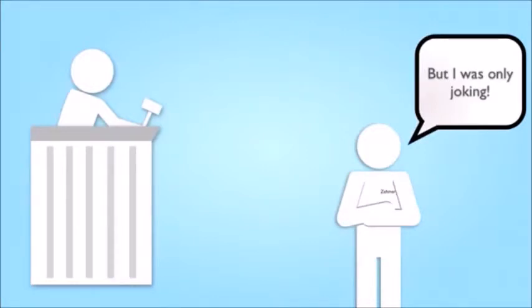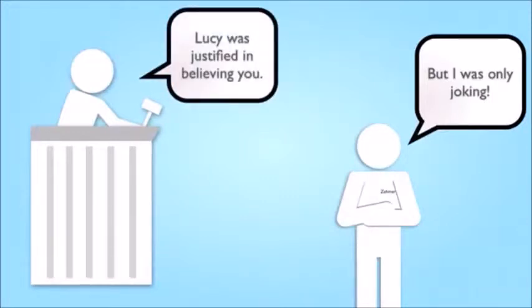Ultimately, the court decides that even if Zehmer was joking, Lucy was justified in believing he was serious. Consequently, the court orders Zehmer to sell Lucy the property. Under the objective theory of contracts, it doesn't matter what your secret intent is. What matters is what you do and say.